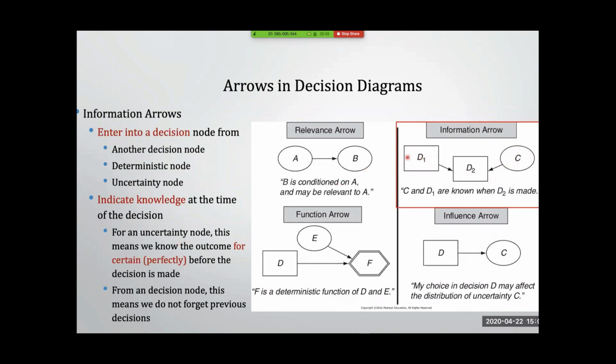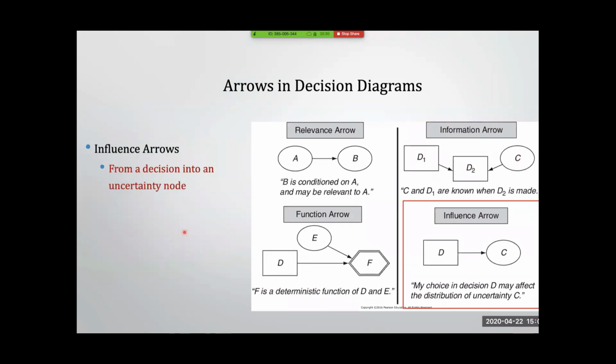And also this means, when we have an arrow from decision D1 to decision D2, that the decision maker knows which alternative she has chosen in decision D1. The decision maker knows which possibility of distinction C has been realized.